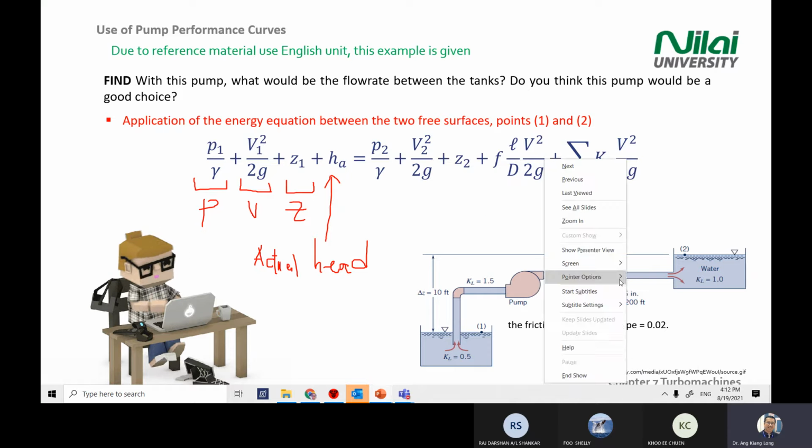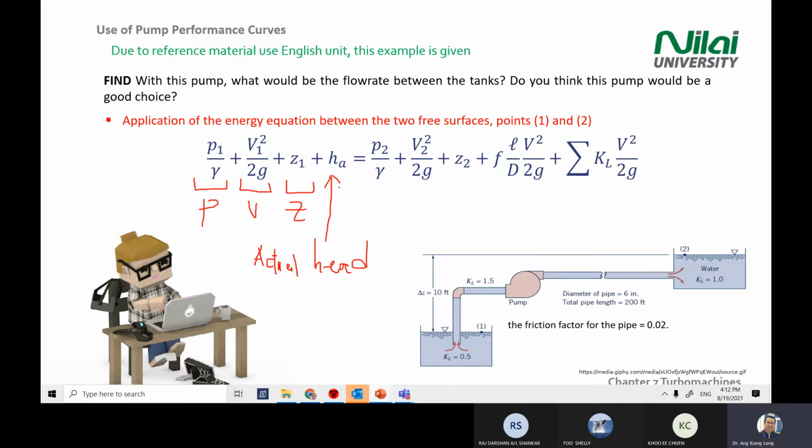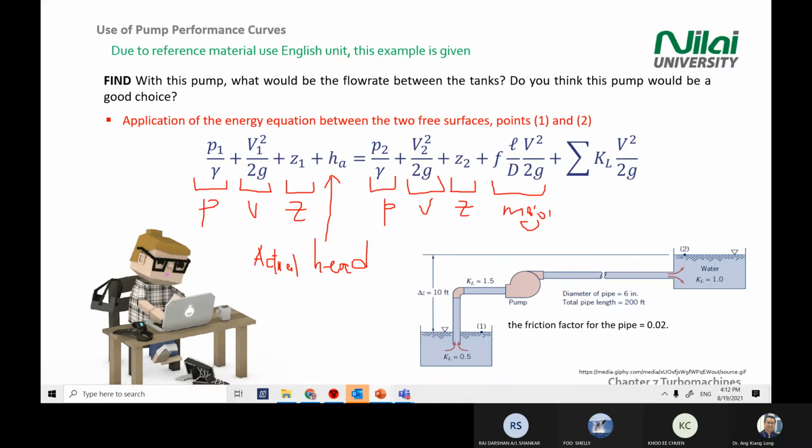same, you still need to equate what is in and out. The energy must be balanced. So the right hand side also has the pressure effect, and also the velocity effect due to the kinetic energy. This one is also the elevation at point number 2. Then this one, FL divided by D times V squared divided by 2g, is the major losses.